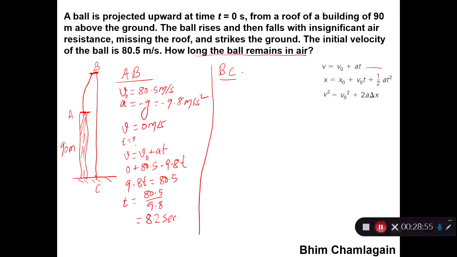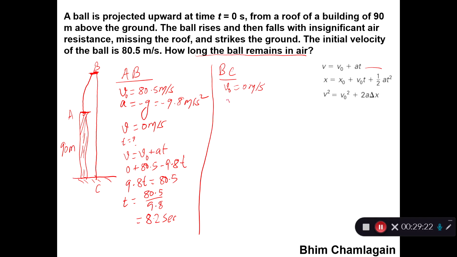Now in this case we do have the initial velocity at point B. For the BC section, the velocity at point B, which is the initial velocity, is 0 meters per second. That means the final velocity of the AB section is the initial velocity of the BC section.